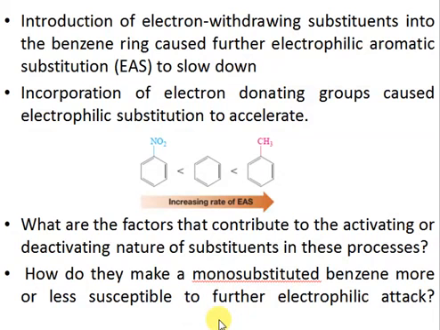It means which group should be present on benzene ring which will further increase the rate of reaction or decrease the rate of reaction, right? So we understand the basic concept of how we can increase the rate of reaction or decrease the rate of reaction. We can carry out the reaction or we can make the product which is according to our demand, right?